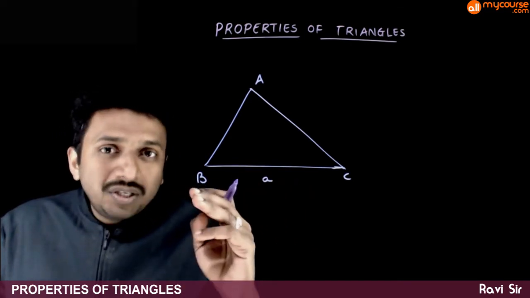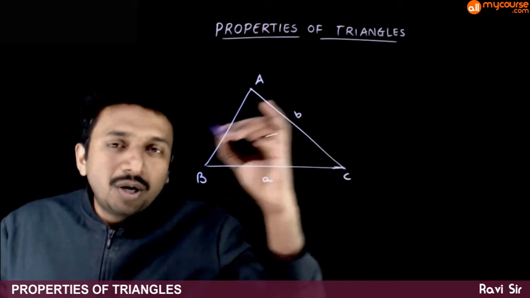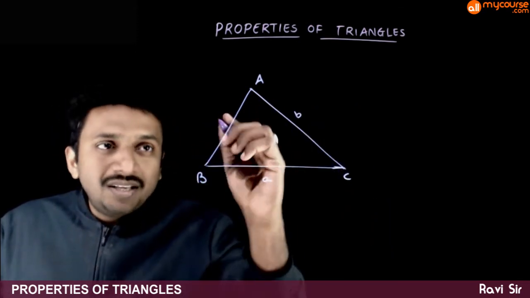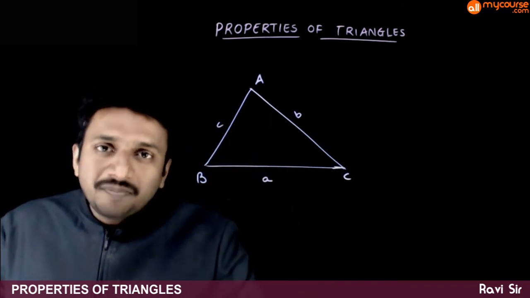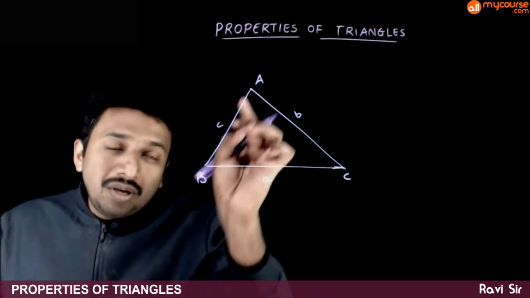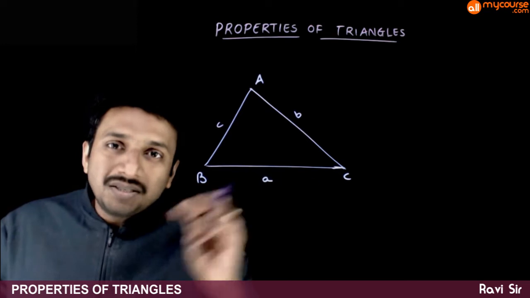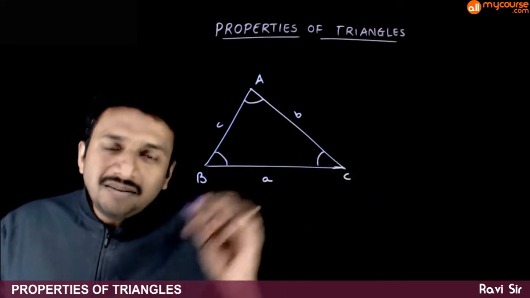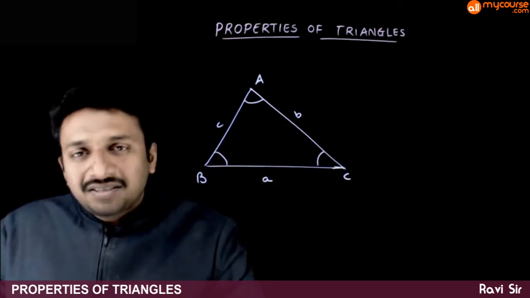The side opposite to vertex B is usually denoted by small b. The side opposite to vertex C is usually represented by small c. So in a triangle, you have three vertices, three angles, angle A, angle B, angle C, and three sides.